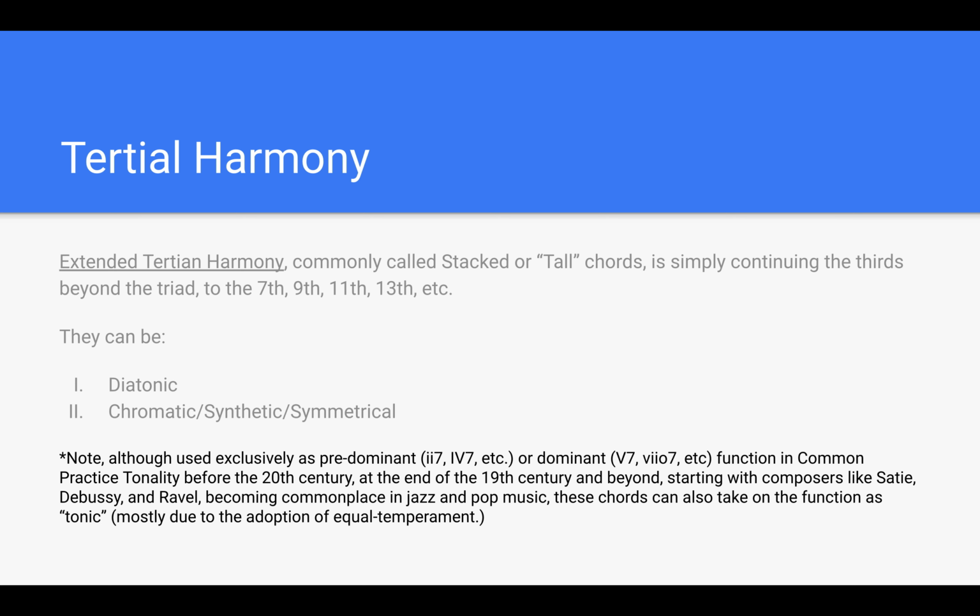If you listen to pop music or jazz, the 1 can even be a 7th chord. Remember if you play something like a jazz progression, you feel like that is the tonic chord, right? So it loses its function. This is mostly due to the adoption of equal temperament, by the way.